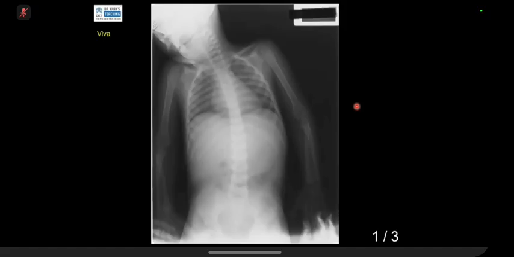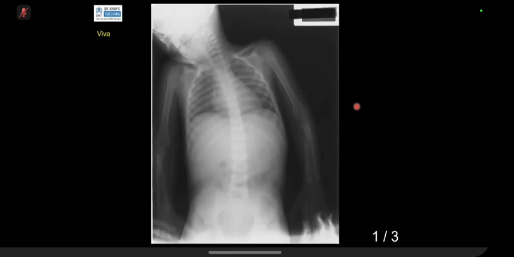Second of all, I cannot see any abnormality within both clavicles, both humeri and the forearm bones. Regarding the abdomen, I cannot see any obvious pathology. Review the right humerus.